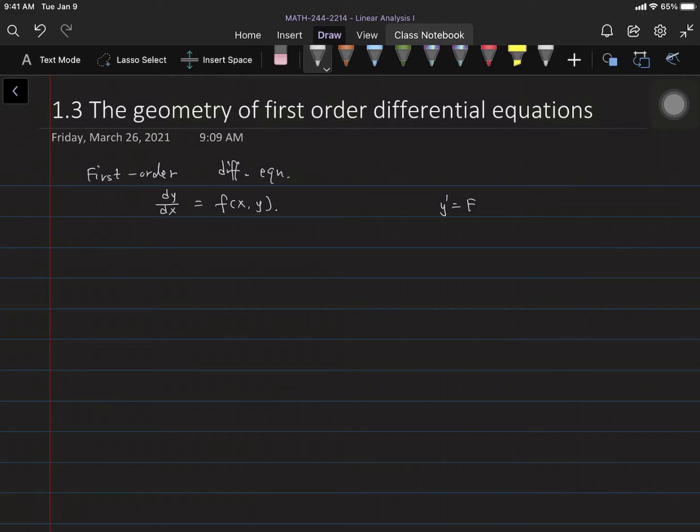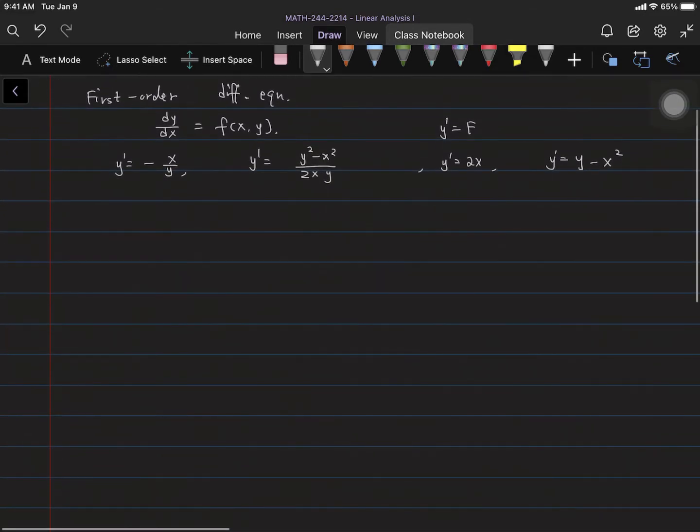So we have some like this one, y prime equals 2x, y prime equals y minus x squared. Okay, they are all called first order differential equations. And let's see, what's the solution curve? What's the meaning of that?